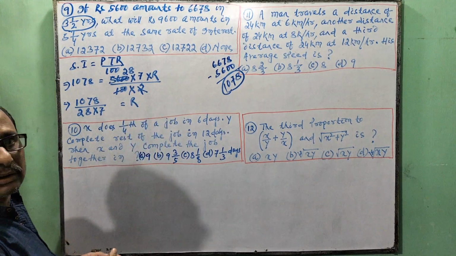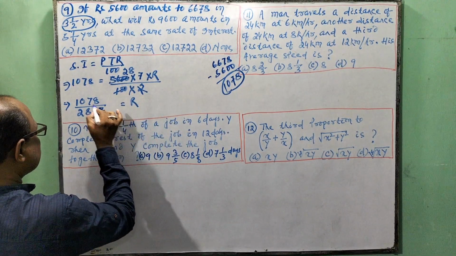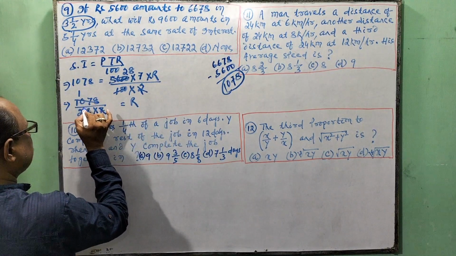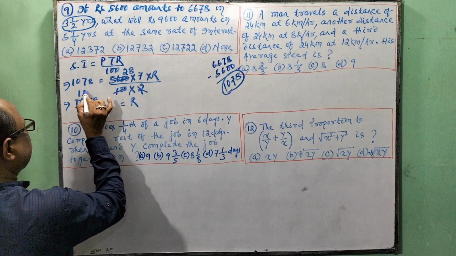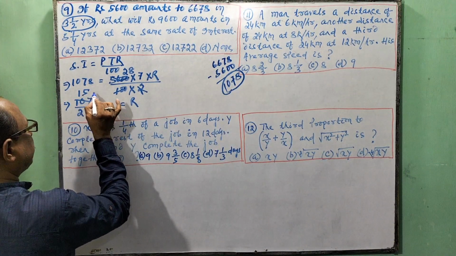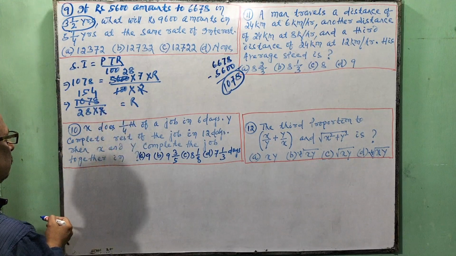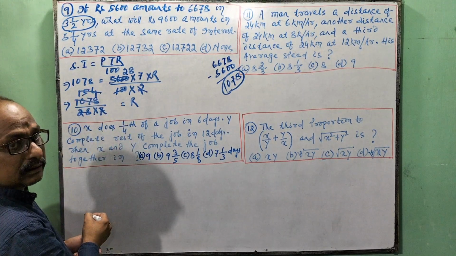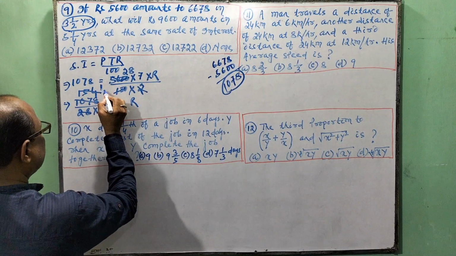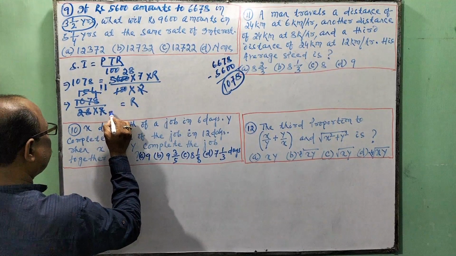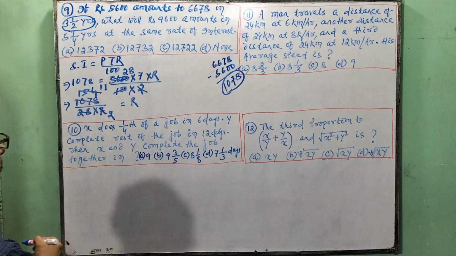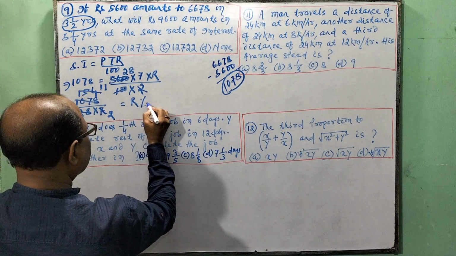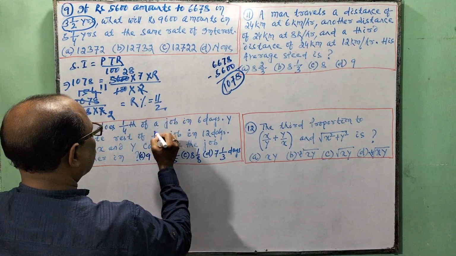Cancelling 7, and then cancelling both by 14, the R percent we find is 11 by 2%.